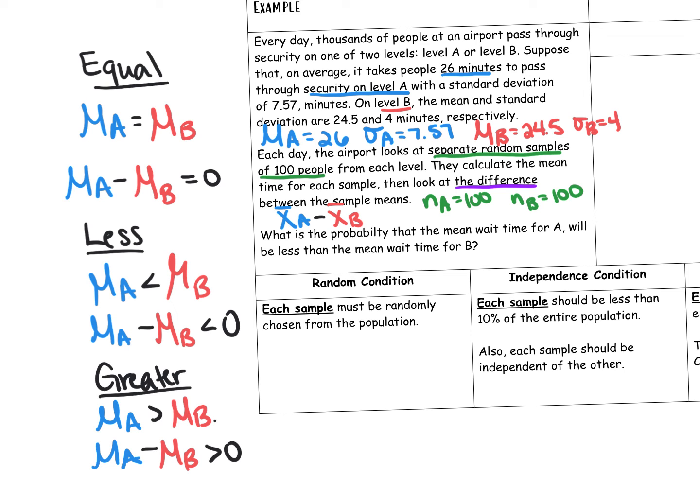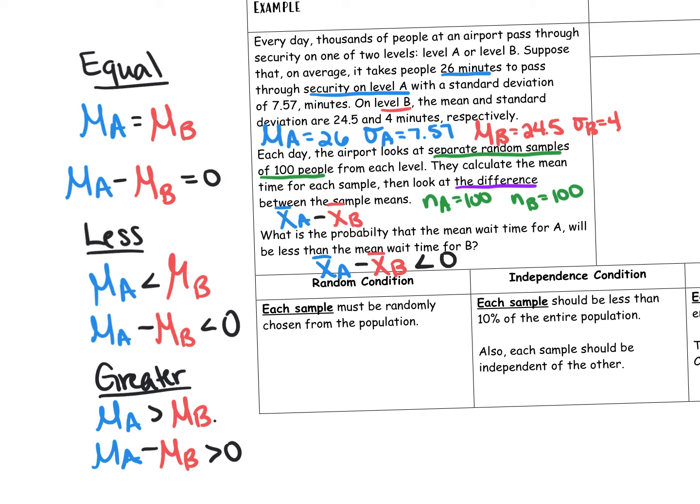So when we look at this problem, they want to know the probability the mean wait time for A will be less than the mean wait time for B. We're looking at the sampling distribution of the sample mean. I wrote everything in mu, but really what you're talking about are your sample means, so we're going to use the x bars. We want to know the difference between x bar A minus x bar B. What are the chances that x bar A minus x bar B will be less than 0?